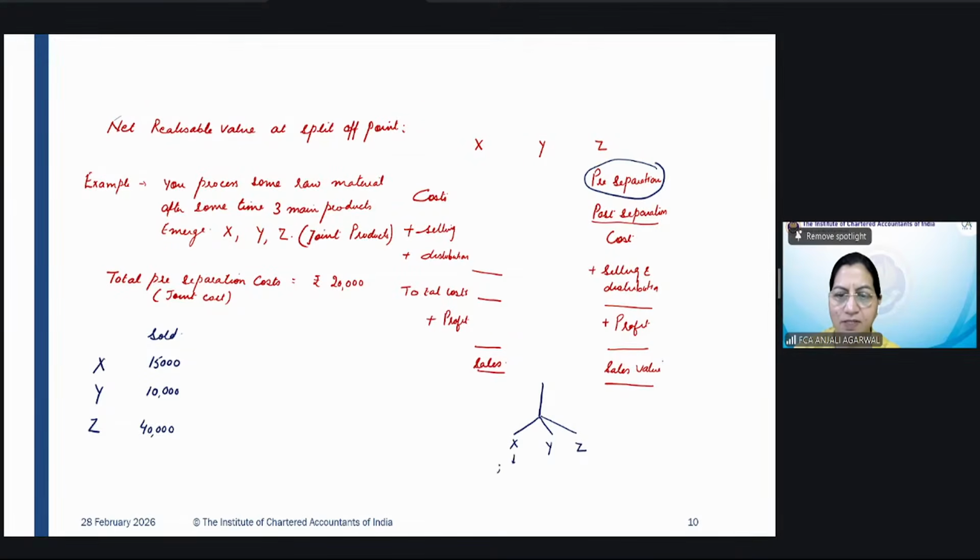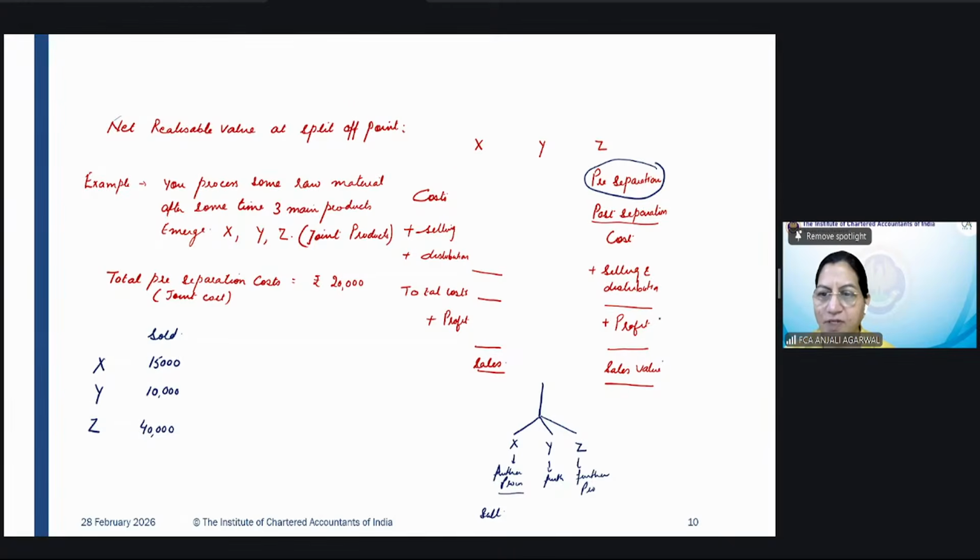Then you further process all three. So you incur some other expenditure here, and then you sell them. Some profits or selling and distribution expenses may also be given for each product. Then you sell them at 15,000, 10,000, and 40,000.